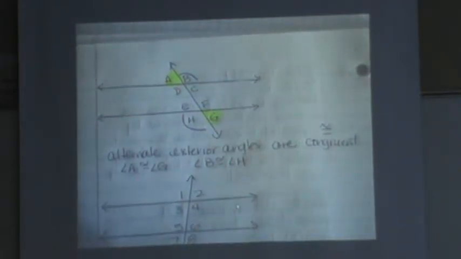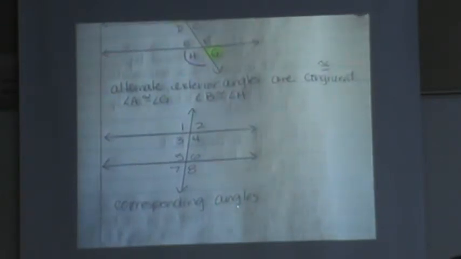Okay, I'm going to go back to numbers here. Now we're going to talk about corresponding angles. Could you do it like 1, 2, 3, 4? Corresponding angles, let's get a definition.